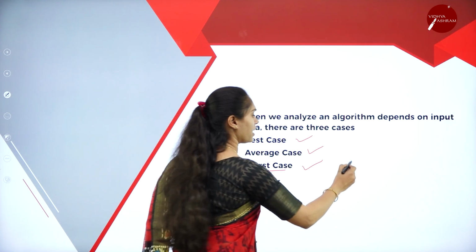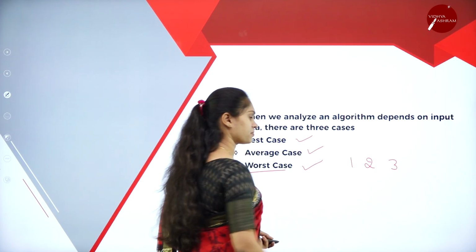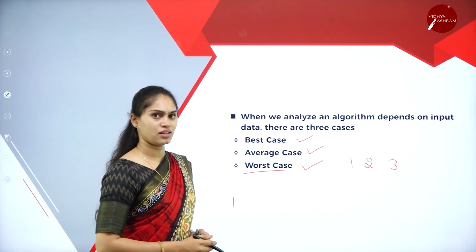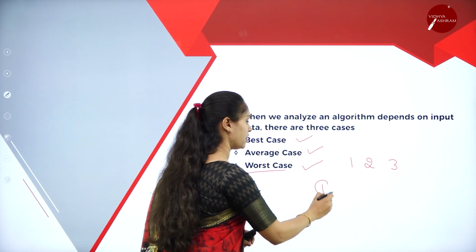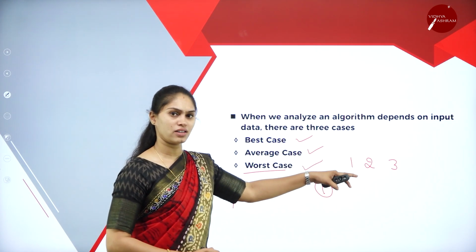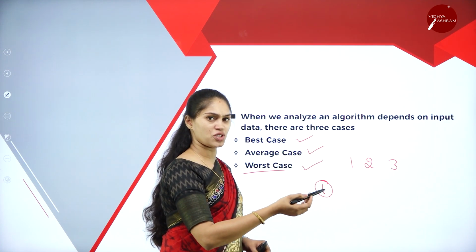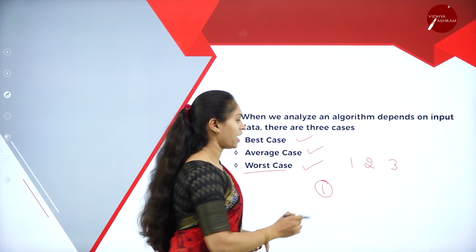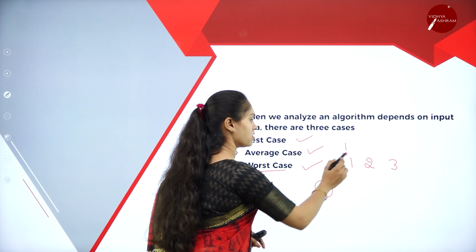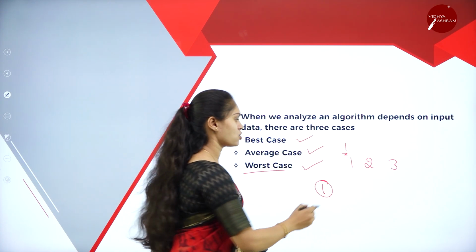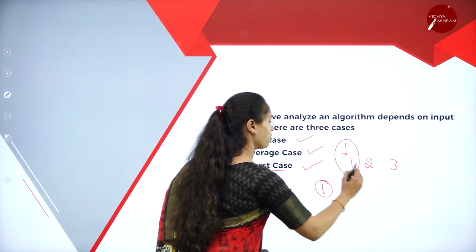For example, here I have 1, 2, 3. I want to check whether 1 is present in these values or not. So I am going to search each number individually. I am checking for 1, so 1 is equal to 1. I found a match.